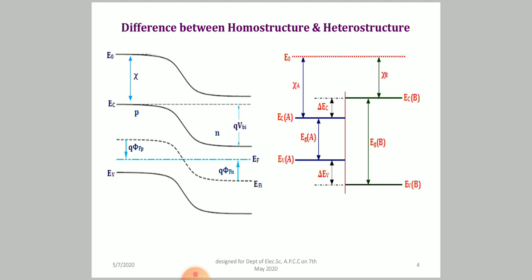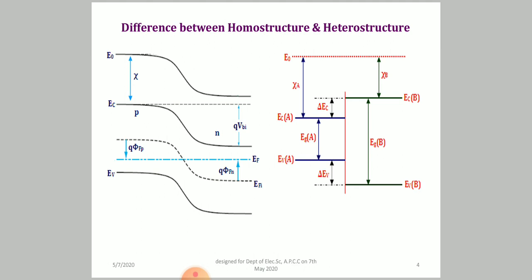For equilibrium, if we have to align the Fermi level, then the band will bend, both the conduction and valence, and they will bend with the same radius of curvature.